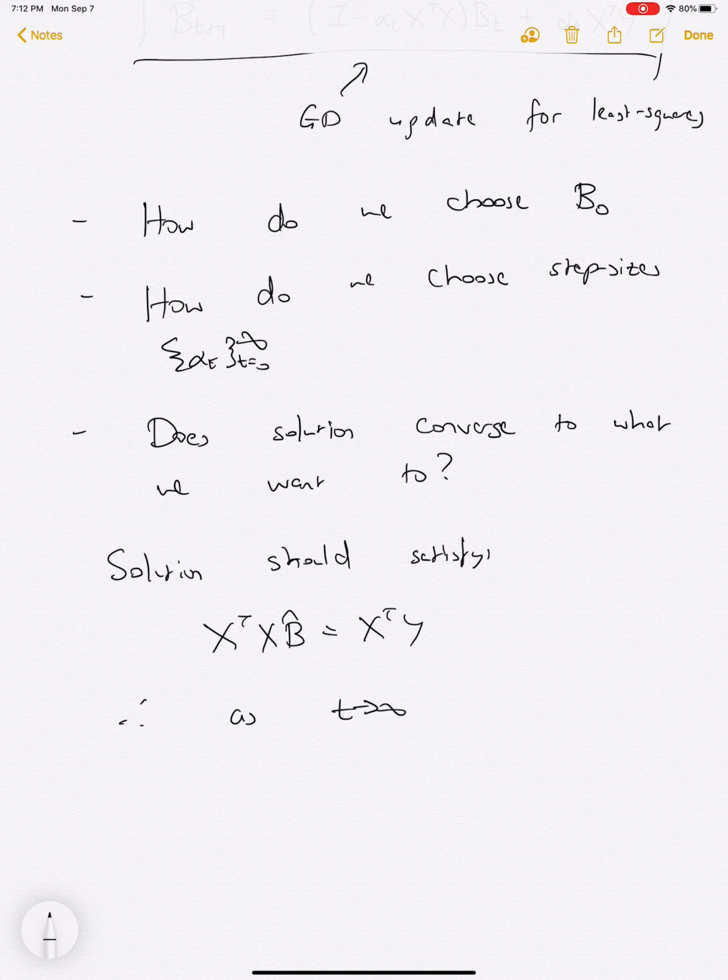So as t goes to infinity, we would hope that x transpose x bt converges to x transpose y.